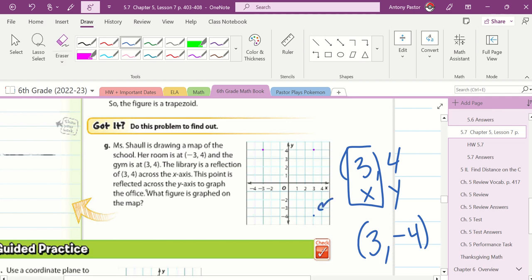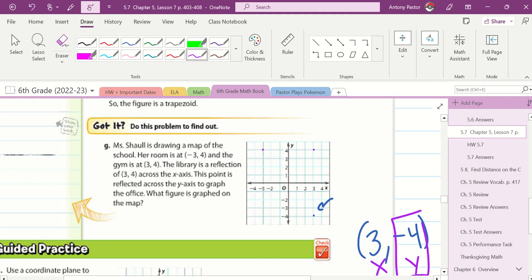This point is reflected across the y-axis to graph the office. So now this one, 3, -4, the office is the reflection of that across the y-axis. So x and y. The y will stay the same, so it'll still be -4. The x is what changes, so it'll be -3, -4.